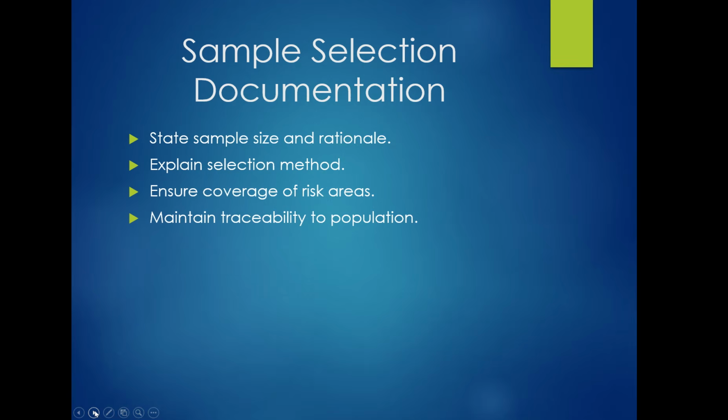You should ensure that there is adequate coverage of the risk area, and also be able to trace to the population. The goal of this is to demonstrate that the sample is a very good representative of that control operation.